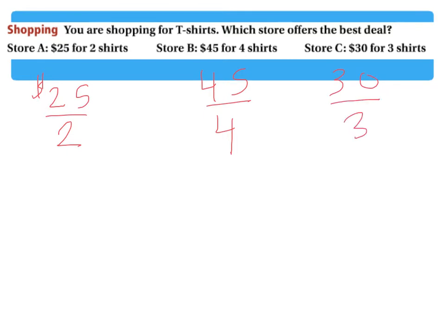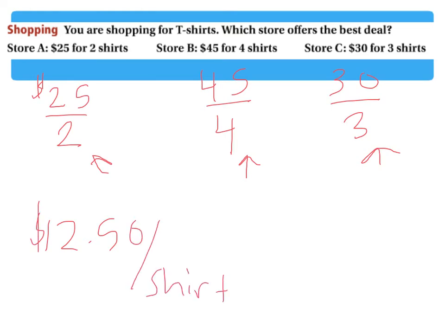When you're comparing, you want to try to get the one number to 1. So I'm just going to reduce each of these fractions, which are ratios, to compare the numbers. 25 divided by 2 would be $12.50 per shirt. 45 divided by 4 would be $11.25 per shirt.